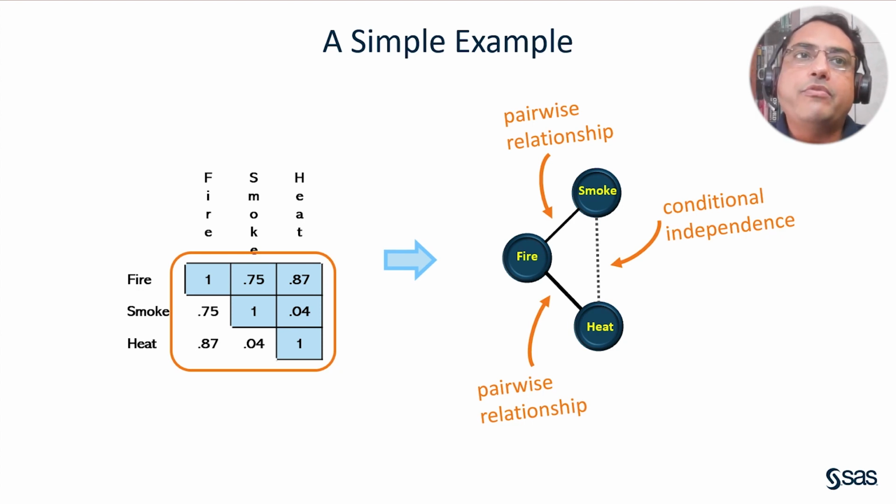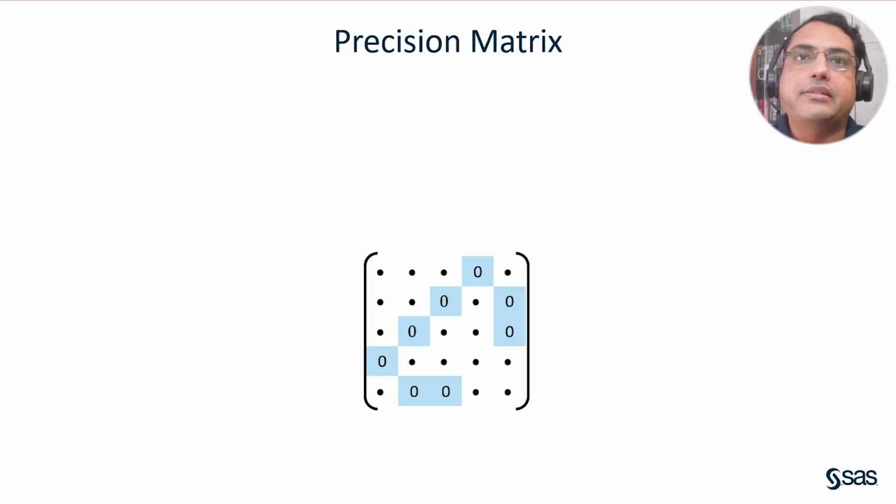Conditional dependency among variables is actually interpreted by estimating the inverse covariance matrix, also called the precision matrix. Let's take a little deeper dive inside this precision matrix. The off-diagonal elements here correspond to partial correlations, so a zero value implies conditional independence between the pair of variables.